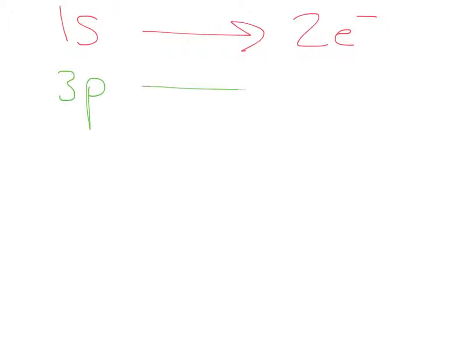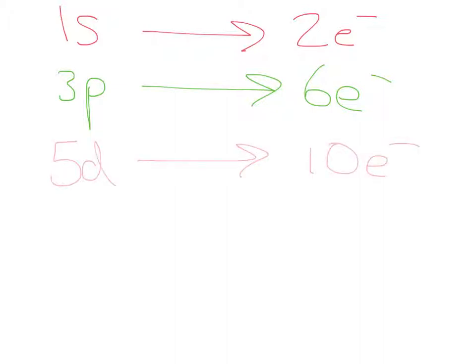Let's just run through the fourth shell then quickly. We have our 1 s, 2 electrons. We have our 3 p, that gives us 6 electrons. We have then our 5 d, that gives us 10 electrons. And our new one that's coming in then, we have our 7 f.